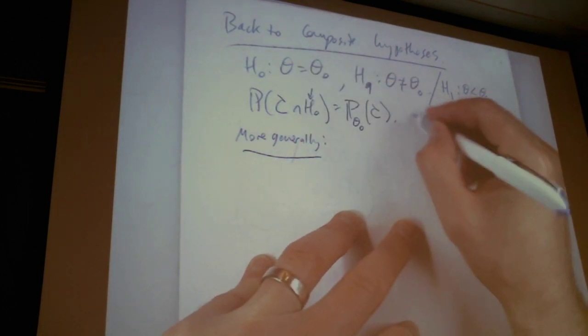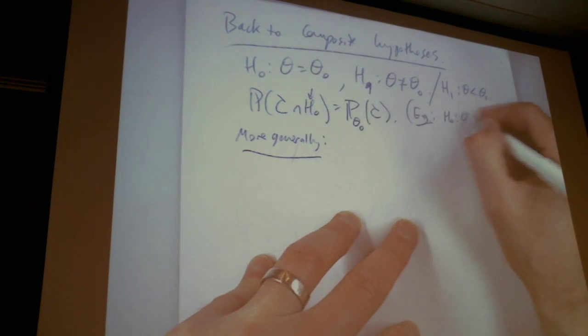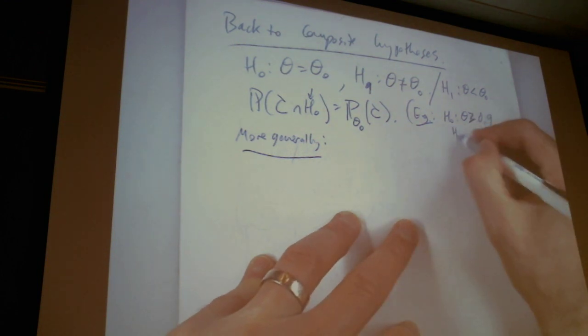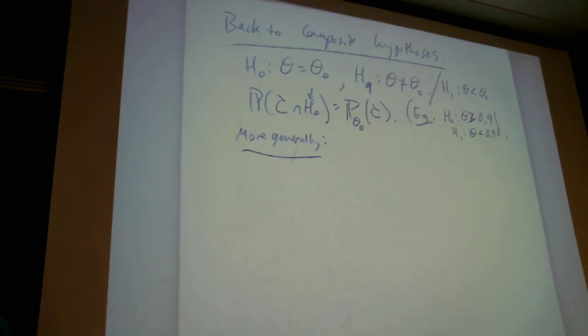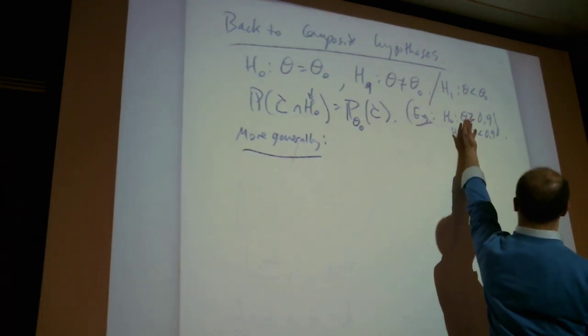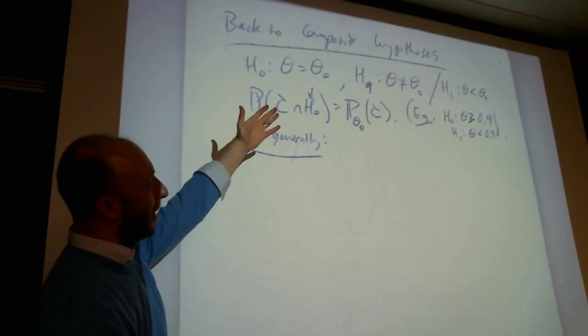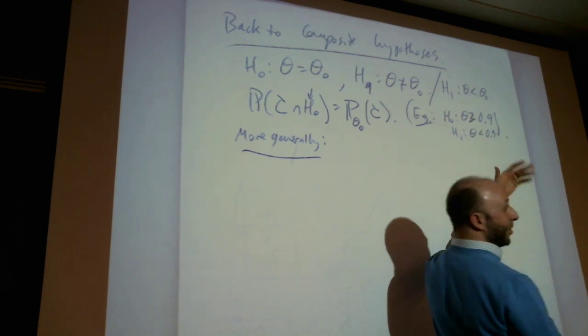So we had this old example where the null hypothesis was theta is at least 0.9 for a Bernoulli coin flip, and the alternative hypothesis is theta is less than 0.9. So there can be whole ranges of both the null hypothesis and the alternative hypothesis. The parameters can range in whole intervals.